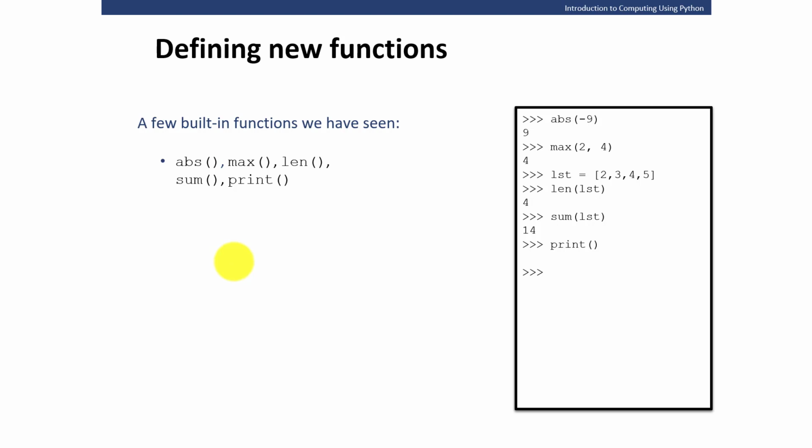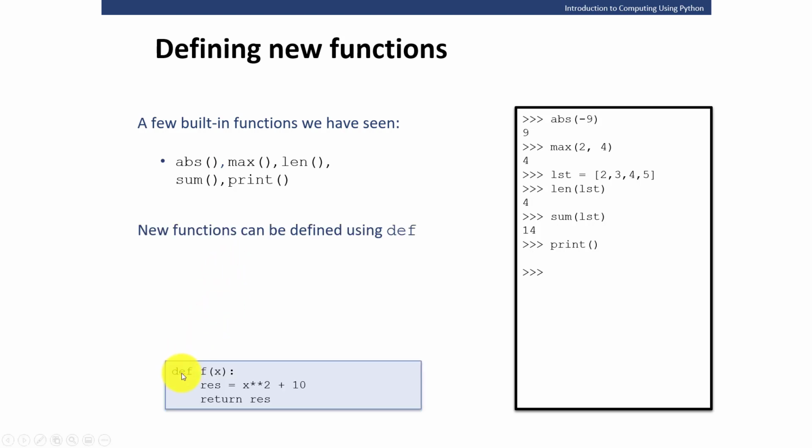Okay, so how can we define our functions? By simply using the keyword def. Let's say that I want to define a function called f of x, which computes the value of x squared plus 10.